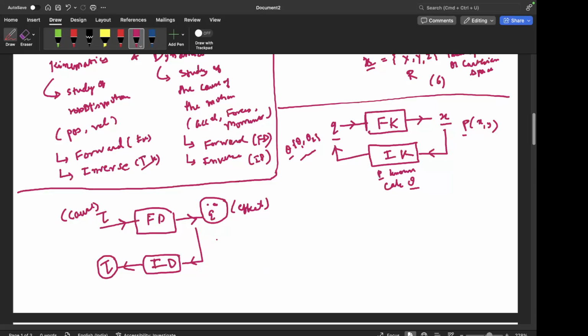And in the reverse case, the effect that we want to have is known, and then we have to calculate the effort or the cause. If I want my joint to accelerate with an acceleration of 2 radian per second squared, then what is the joint torque that I need to apply? That is the inverse dynamics problem.